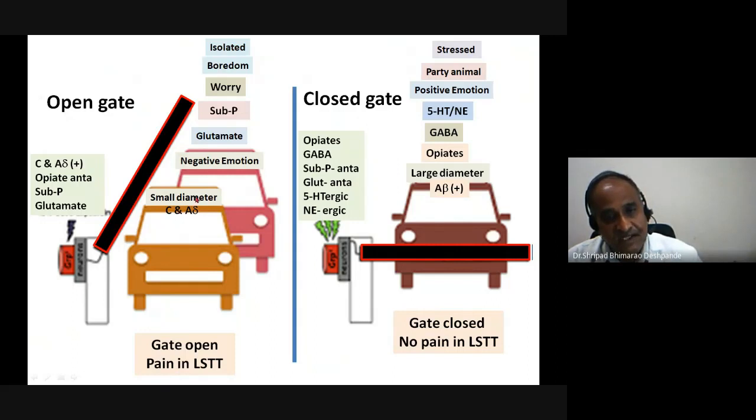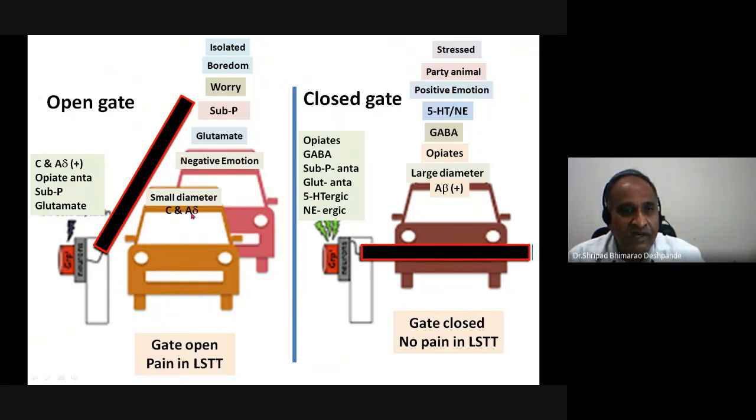That is a continuous stimulation of the small diameter fibers, or negative emotion, depression, worrying all the time, or increased activity of glutamate or substance P, because these are the transmitters. If they are not removed from the synaptic space, they will activate these C fibers and continue to keep the gate open.